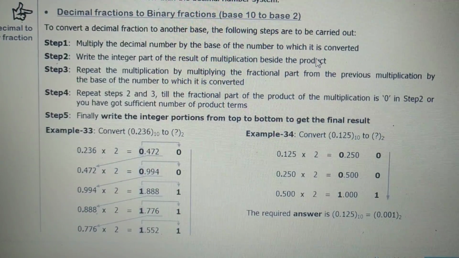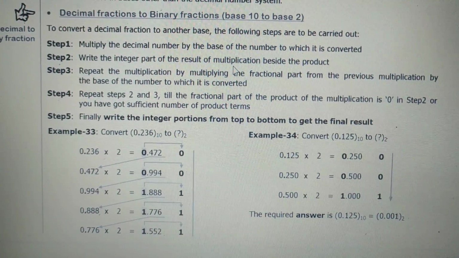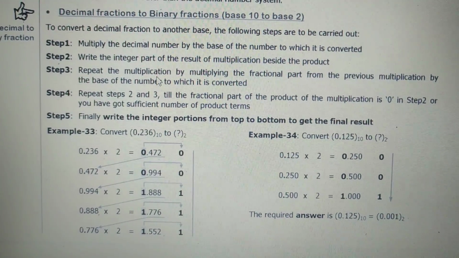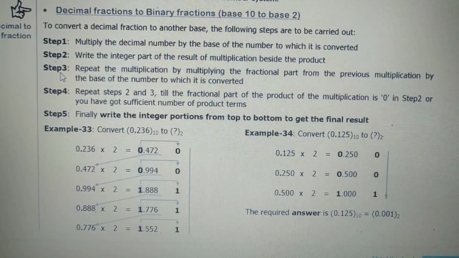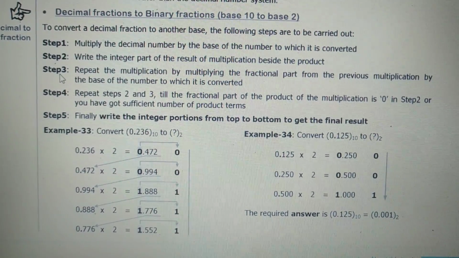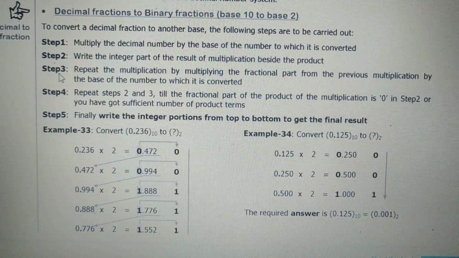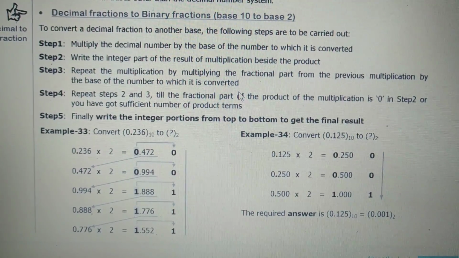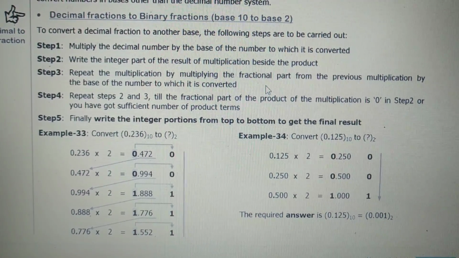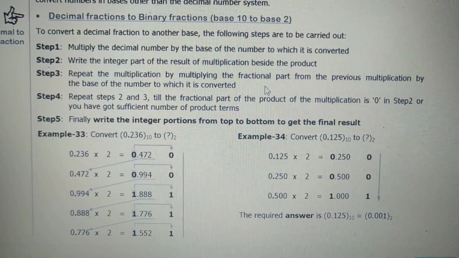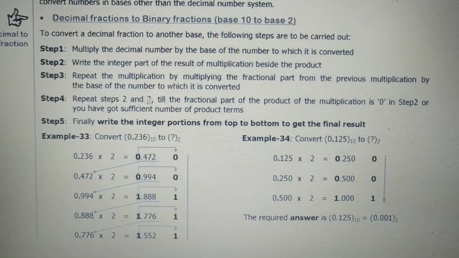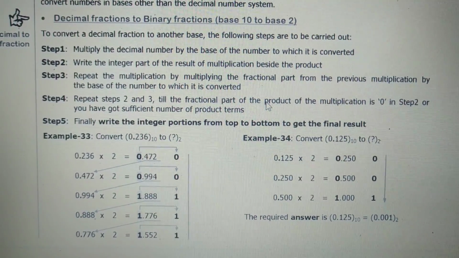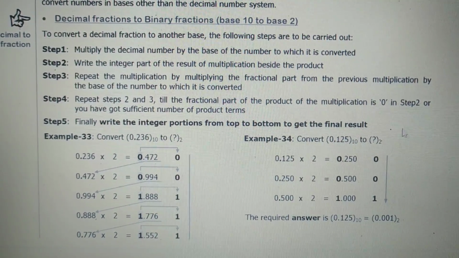Previously we put the remainder beside it. Step 3: repeat the multiplication by multiplying the fractional part left from the previous multiplication by the base. We repeat step 2 and step 3 till the fractional part of the product is 0.